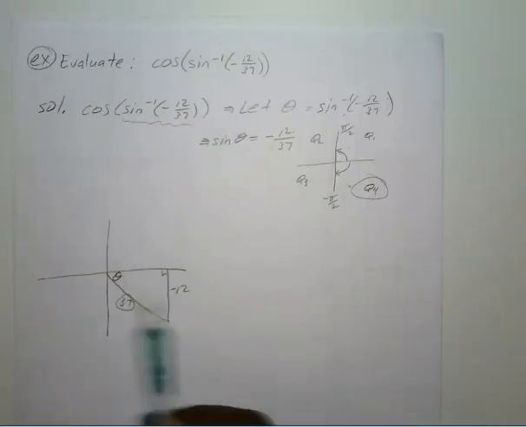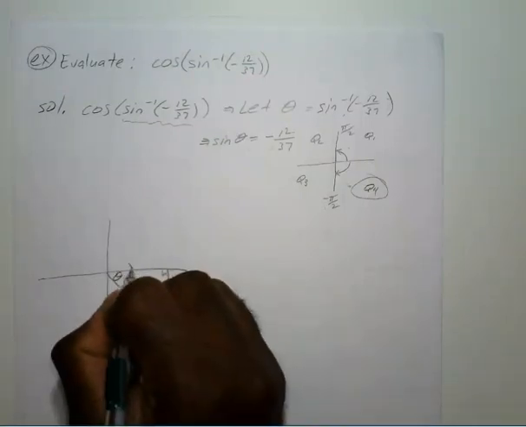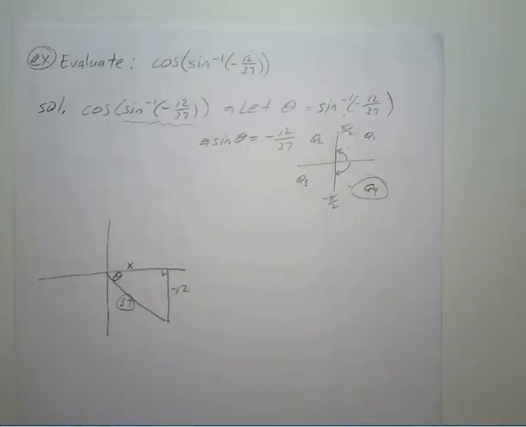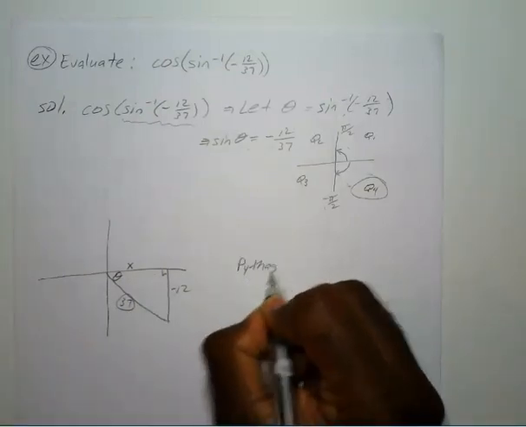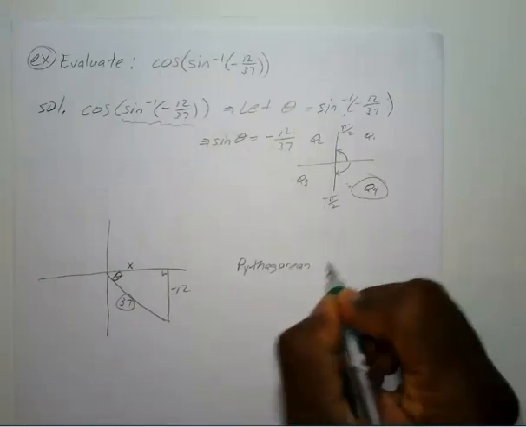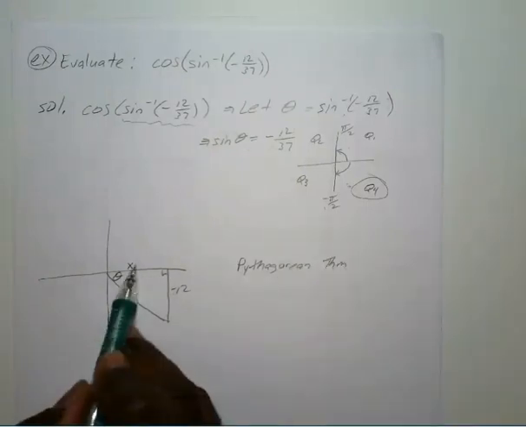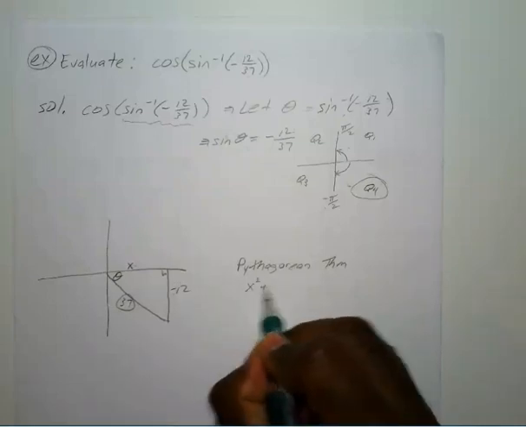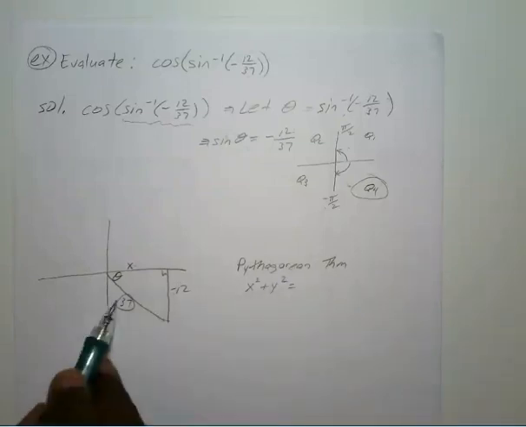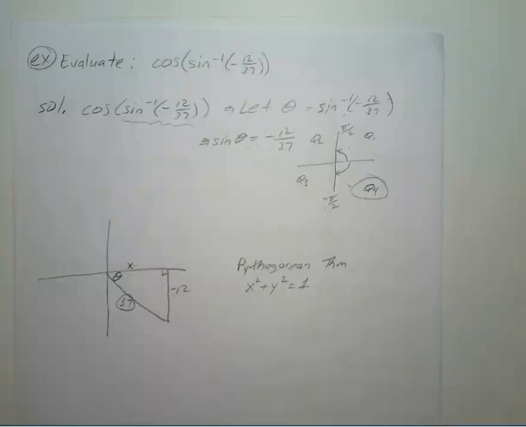Okay, so since we have a right triangle, we can use the Pythagorean theorem to solve for our x. So we have x squared plus y squared. It's a unit circle, so we know our radius is equal to 1.